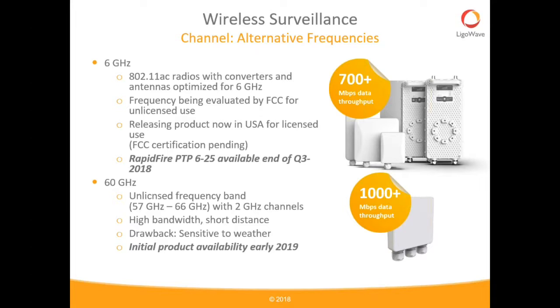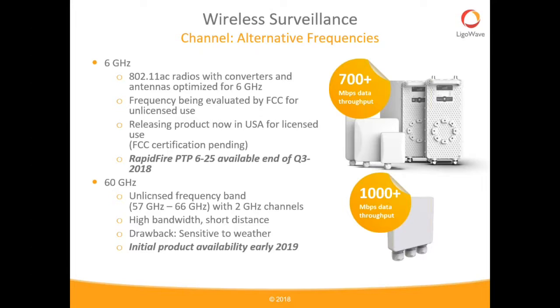It's unregulated in parts of the world. In the United States, it's actually being evaluated for unlicensed use, but currently it is a licensed frequency band, specifically intended for long distance links. But we are releasing a product in Q3 that will be introduced as a licensed product for doing licensed 6 gigahertz links.